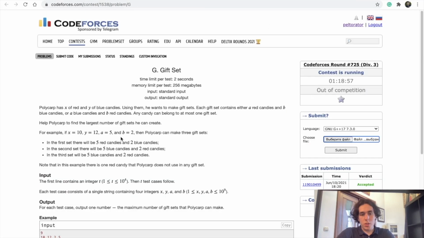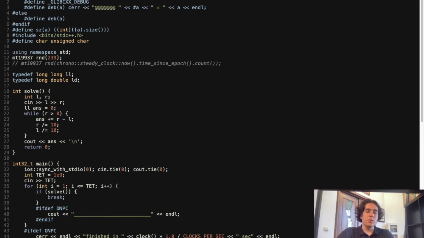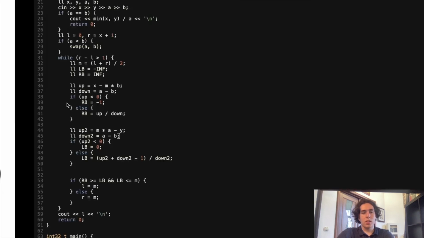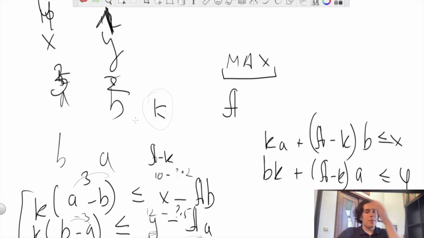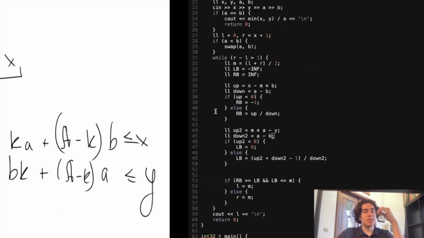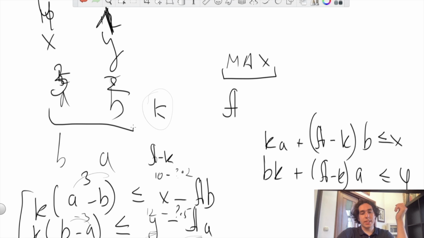And problem G was also not that hard. I messed up the formula. That was my bad. So we just do a binary search for the answer. Let's say the answer is A, and we take k gift sets of this type and A minus k of this type.